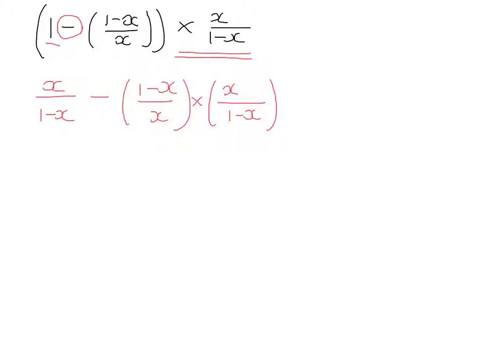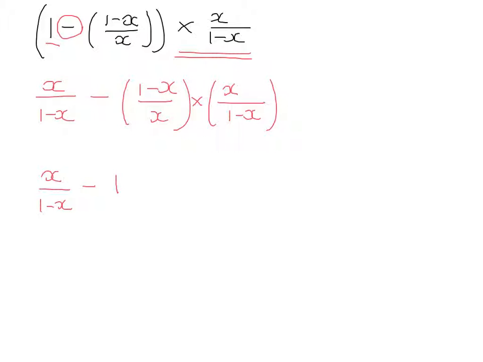So here I've still got x over 1 minus x take away. I hope you notice that we end up with the numerator and the denominator both being x bracket 1 minus x. So all of that simplifies down to just being a whole one.